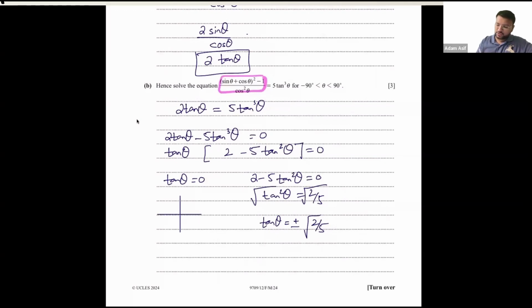Now, tangent theta is equal to 0. So what's the angle theta going to be equal to? If tangent theta is equal to 0 and I need to find the values of theta between this domain, what is theta going to be equal to? How did we find the angle? If tangent theta is equal to 0, I need to find the angle, so what will I have to do?